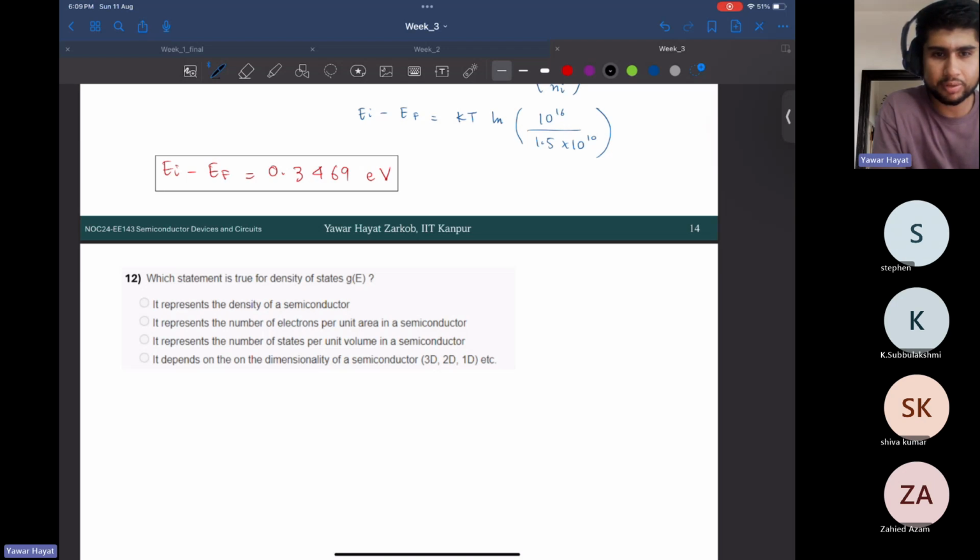C, it represents number of states per unit volume in a semiconductor. Well, it is a function of energy and not area volume. Just a second now.